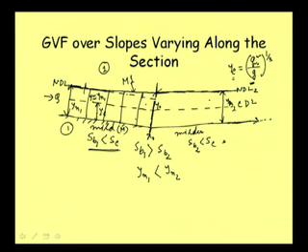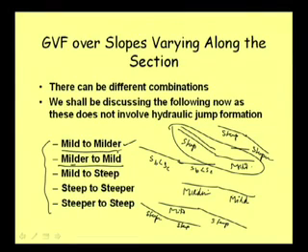So this is how we need to know about the change of flow profile over a channel portion where the bed slope is changing. Well, now let us take another case, the second case, milder to mild.